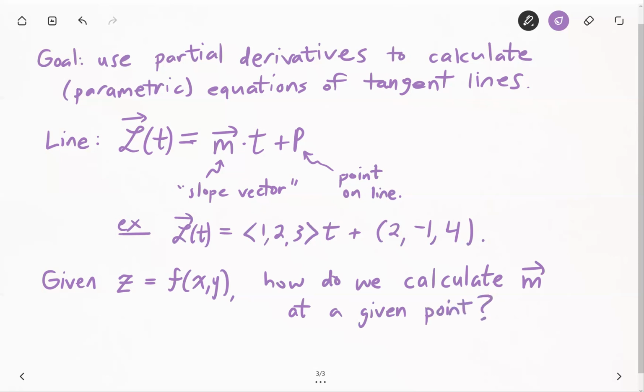The answer is, of course, we're going to use some calculus. Let's go to the next page.